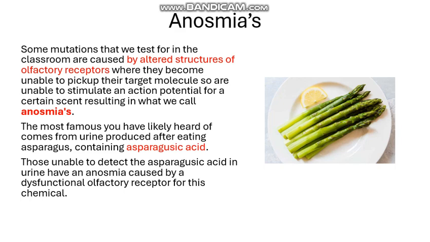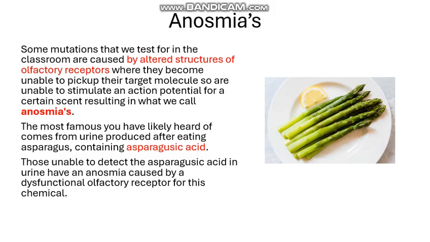The most famous kind of anosmia you've probably heard of comes from the scent of urine after eating asparagus. It comes from a receptor that's responsible for picking up a chemical called asparagusic acid, which comes from eating asparagus.